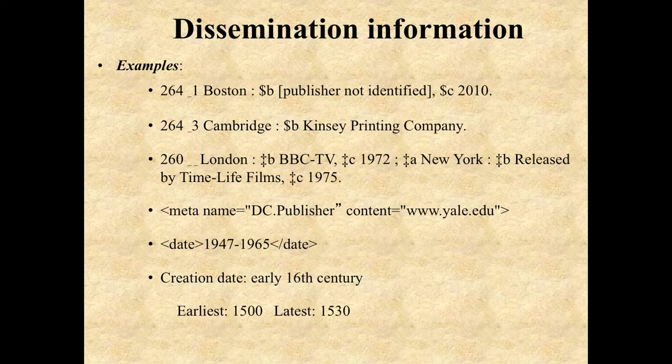So again, publisher, along with place of publication, is a core piece of the description. Issues here, similar to place of publication, things like multiple publishers, how much of the name to include, or do we abbreviate? What, again, if it's an unknown or probable publisher. And then, of course, there are dates associated with dissemination information.